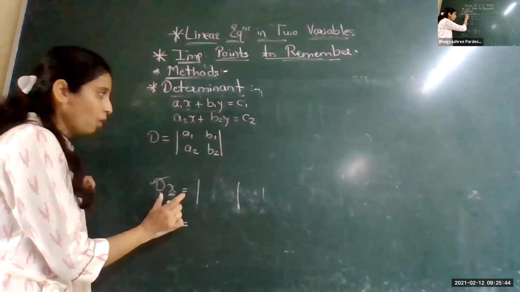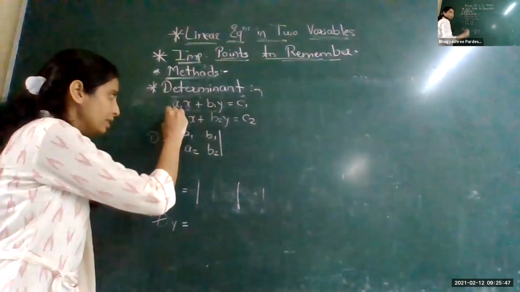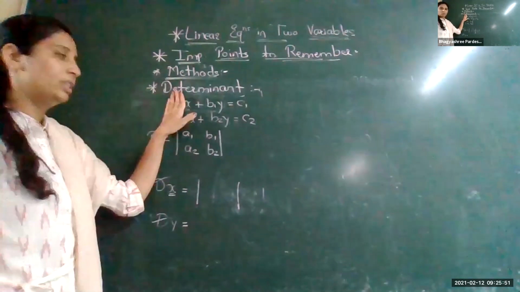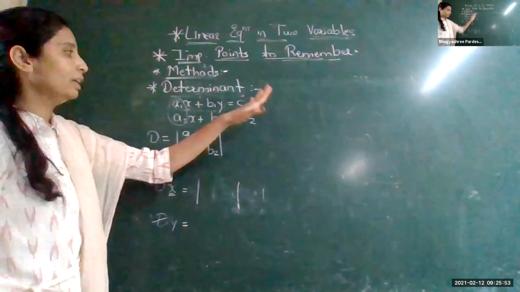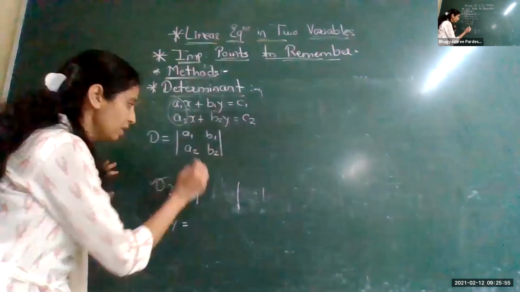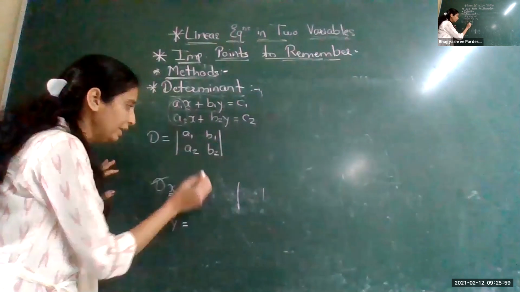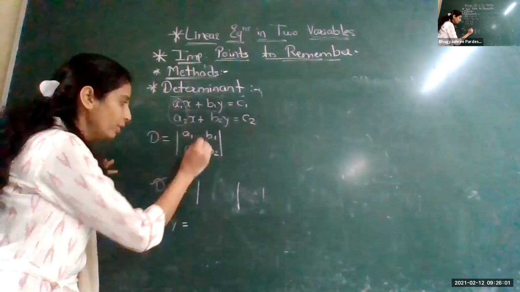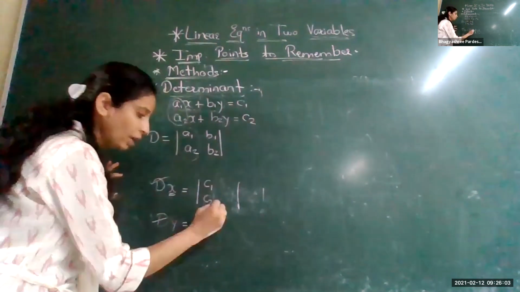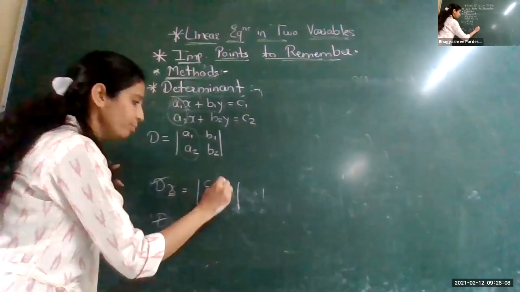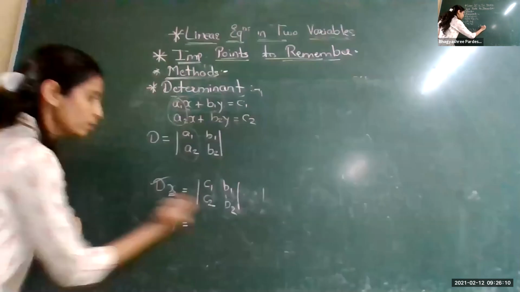What are the coefficients of x? This a1 and a2. Forget about them. Instead of a1 and a2, we are going to write the constants there. From this equation, a1 and a2 will get cancelled. Instead of that, we are going to write c1, c2 here. And next b1, b2 will remain. Like this, very clear.